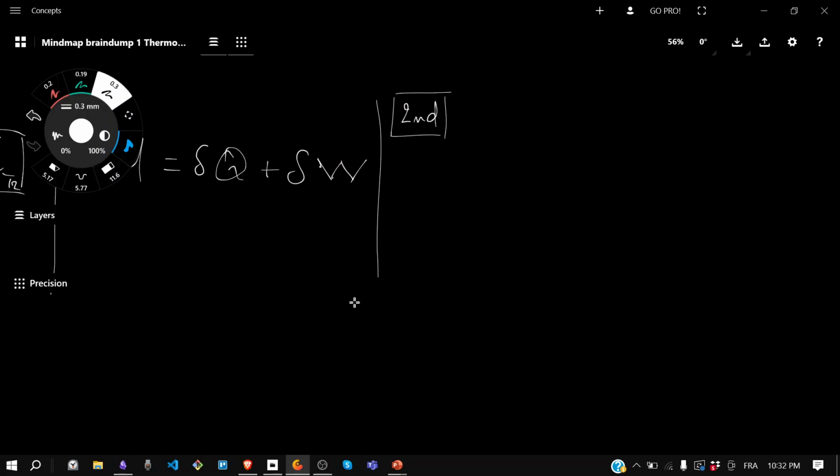Okay. Now let's look at the second law of thermodynamics, which I believe is about entropy. So we have the change in entropy is bigger or equal to the change in heat through time, and this is in a, I believe, quasi-static process.